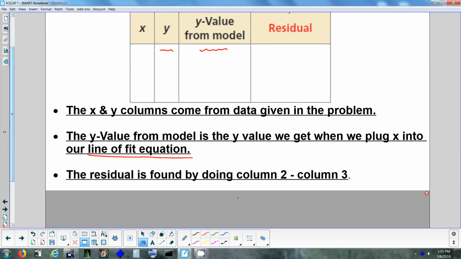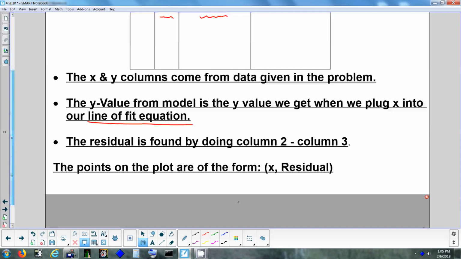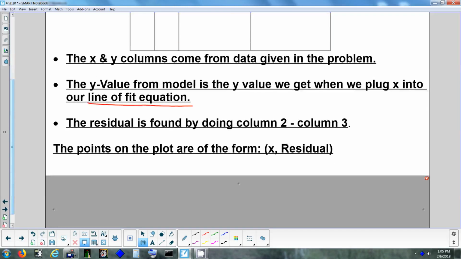Okay, now on your sheet, you should see a little thing next to that that says graph of residuals. So sometimes we will graph our residuals and see, are they really big or are they really small? That's how you graph them. So put that right on the last line below the third dot.